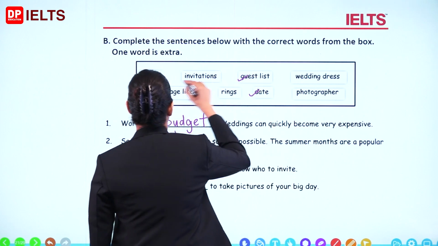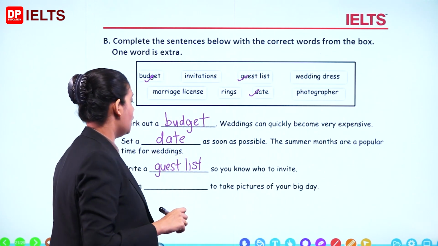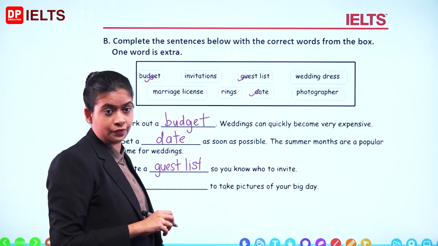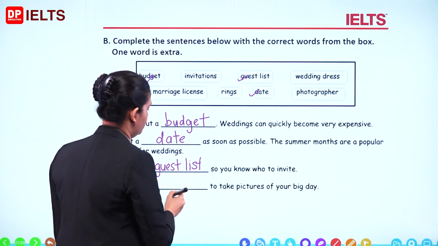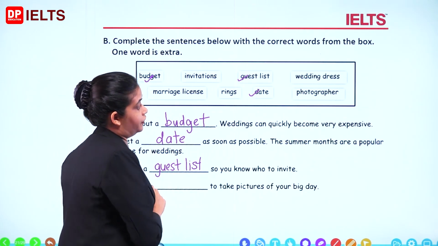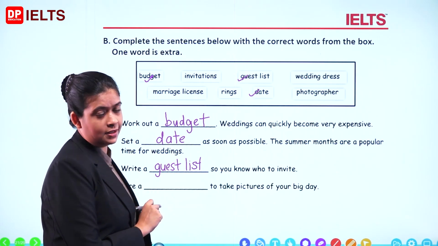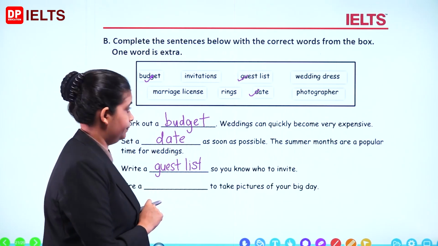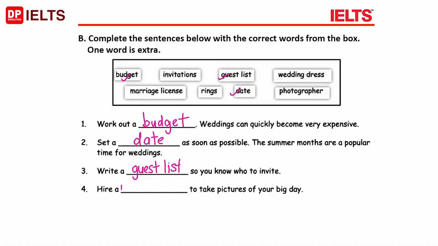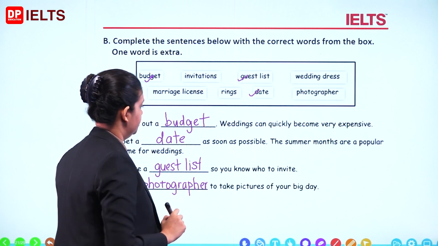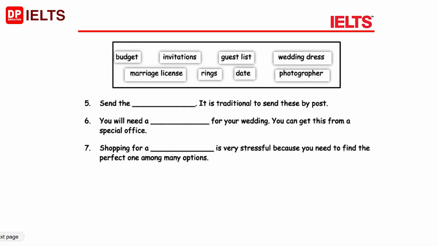So we have used these 3 words. Hire a blank to take pictures of your big day. ඉතින් අපි ඡායාරූප ශිල්පියෙක්. Photographer. Photographer නෙවෙයි, it's a photographer. Okay? So photographer. Right. Pintura ganna. Next one, send the blank. It is traditional to send these by post.